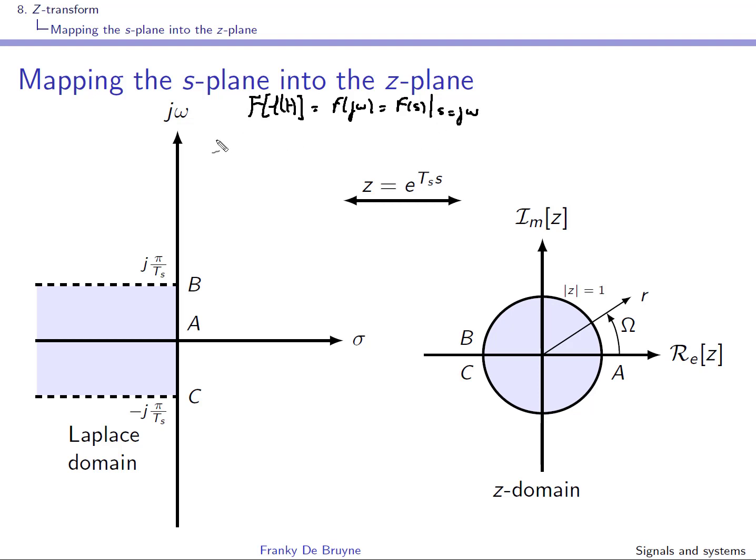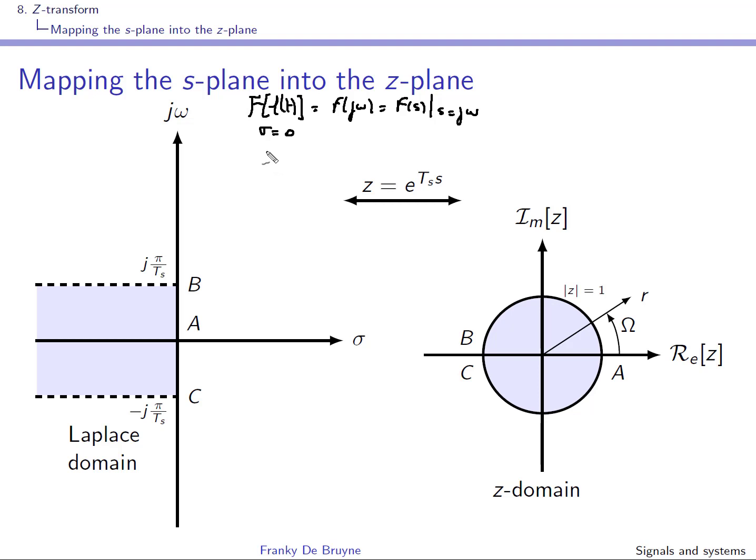But what is important is that we have to work on the j omega axis to consider spectra.